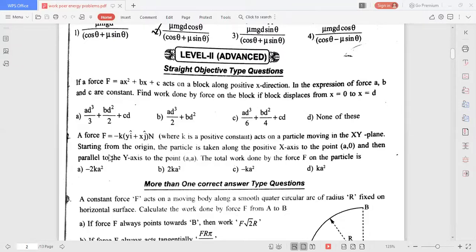Here at first, because of this force, starting from the origin, the particle is taken along the x-axis to the point (a, 0) and then parallel to the y-axis to the point (a, a).